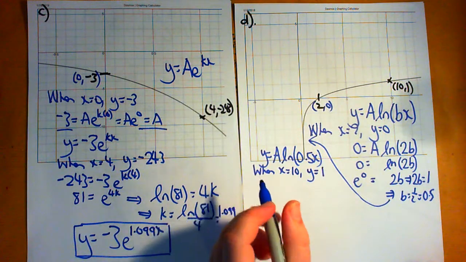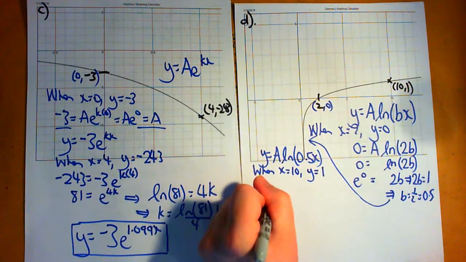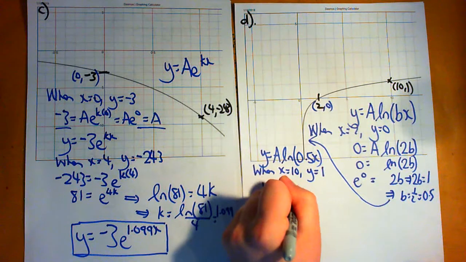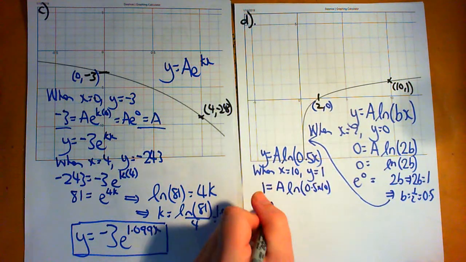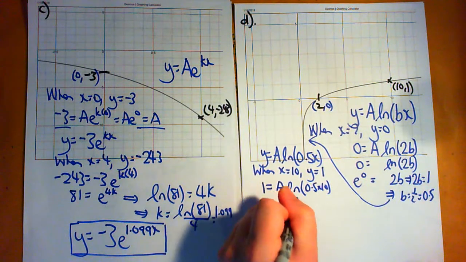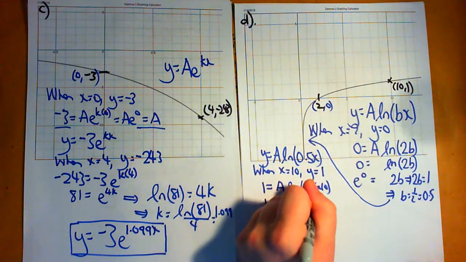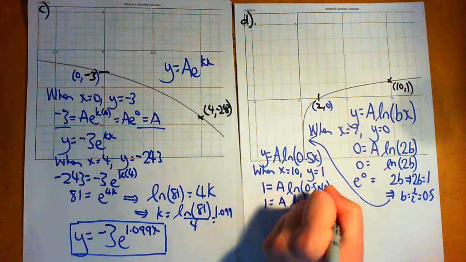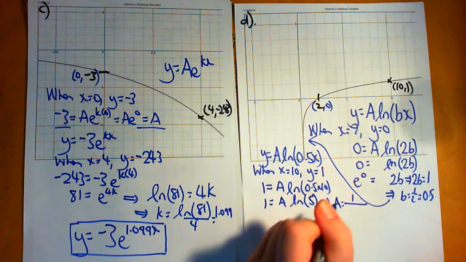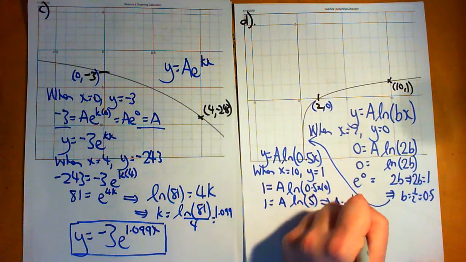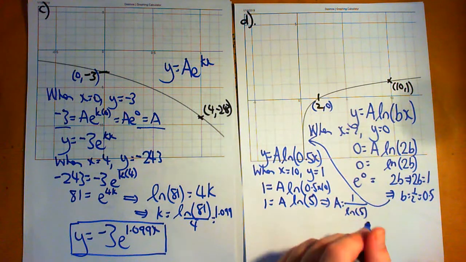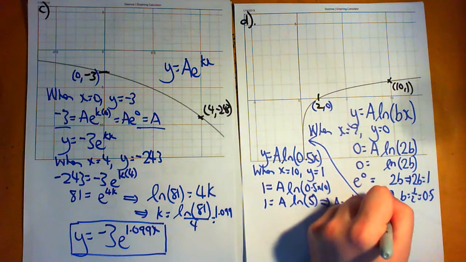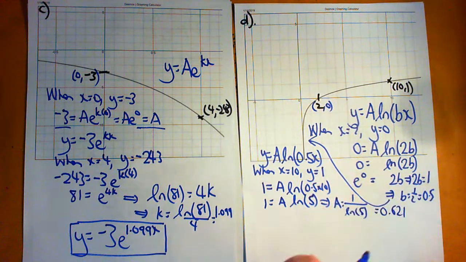So if we substitute that in, we get 1 equals a ln of 0.5 times 10, and we can work out what's inside that bracket, which is half of 10 is 5, and therefore a is going to be 1 divided by ln of 5, and if we calculate that, we get an answer of 0.621.